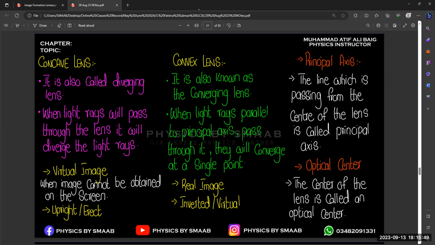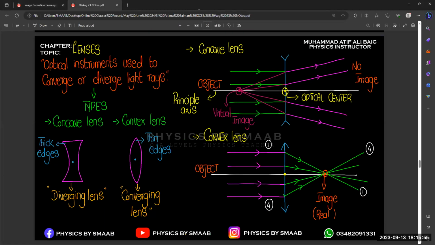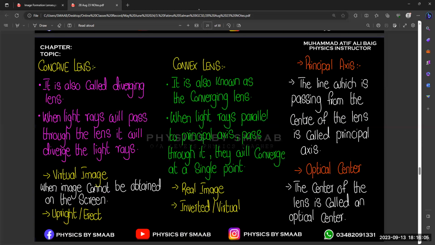And in convex lens, we discussed that all light rays will pass through a single point, which is known as the principal focus, and the distance from the center of the lens to that principal focus is known as the focal length, and the line which is passing through the center and through the principal focus is known as principal axis. So these are all key terms that we discussed in the last class.